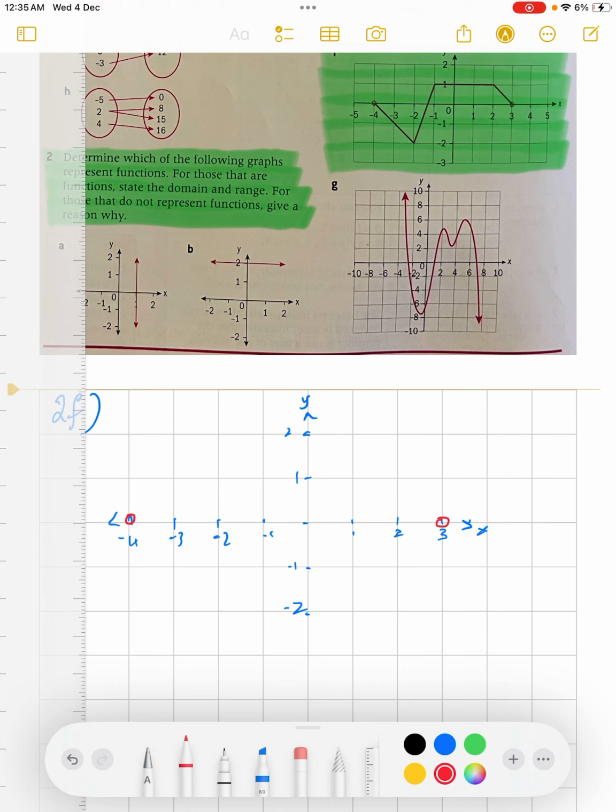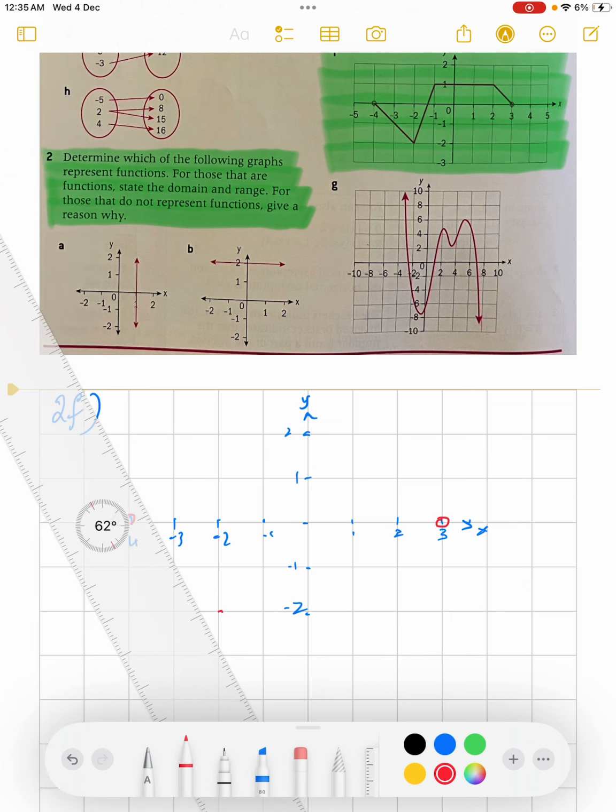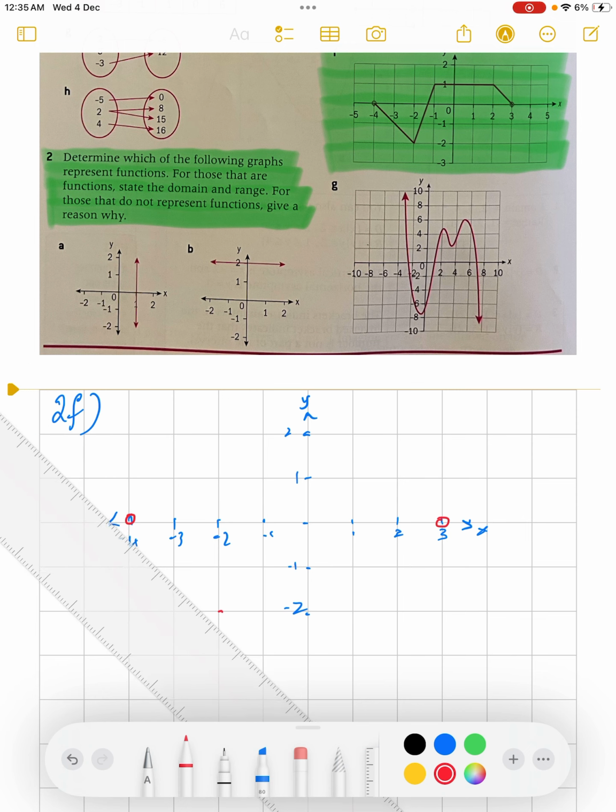Very careful with that. And the line originally, if I use this ruler, it goes down to that point there.